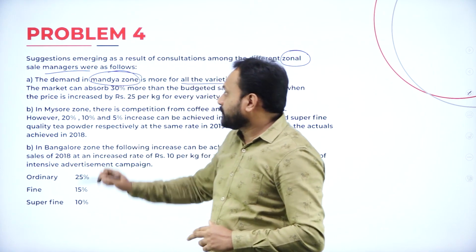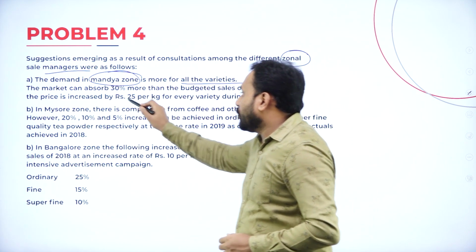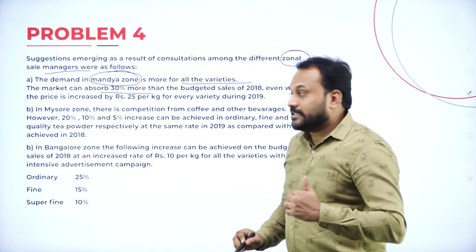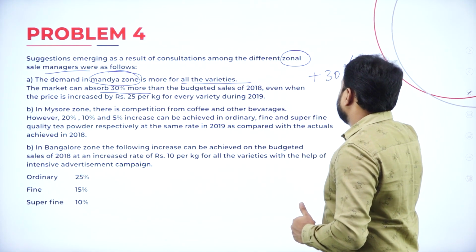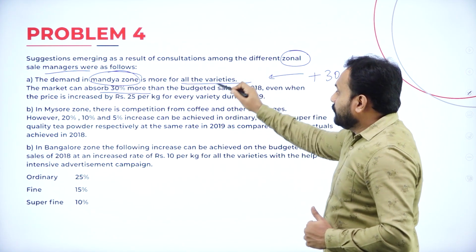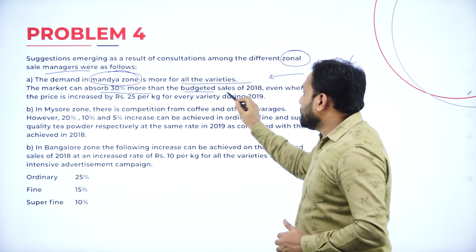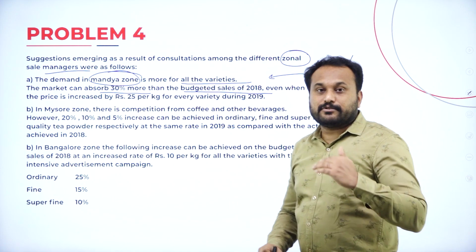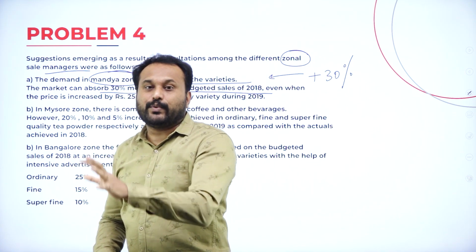There is a demand. The market can absorb 30% more. That means there is an increase of how much? 30% in Mandia for all varieties, right? Than the budgeted sale of 2018. So you are supposed to increase 30% from budgeted sales of 2018.